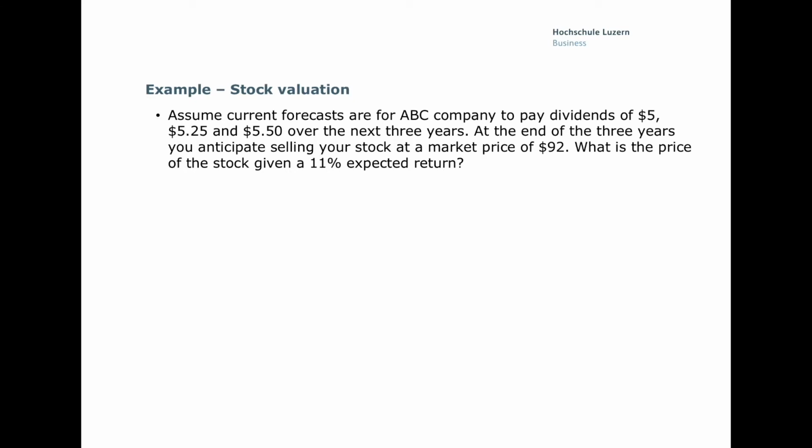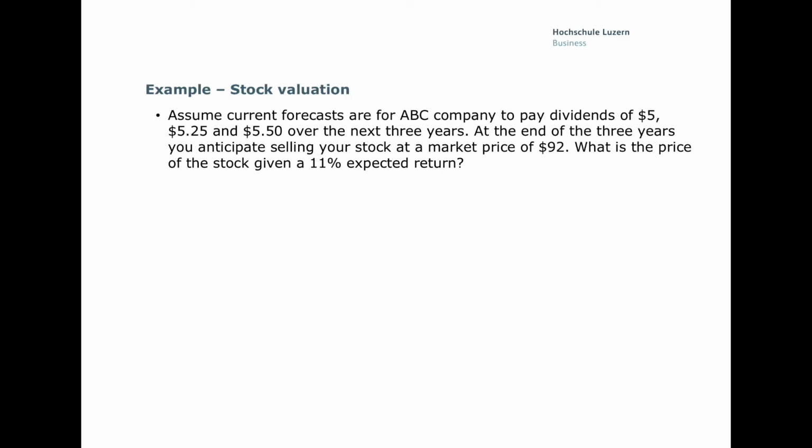Let's illustrate the introduced stock valuation approach using an example. Suppose current forecasts are for ABC Company to pay dividends of $5, $5.25, and $5.50 over the next 3 years. At the end of year 3, we anticipate to sell the stock at the market price of $92.